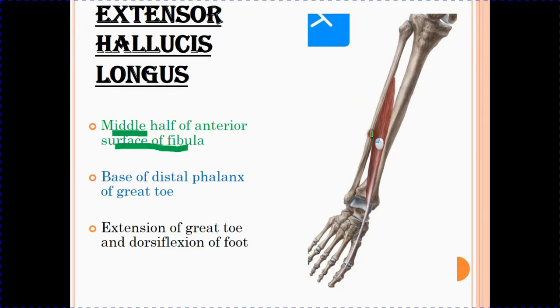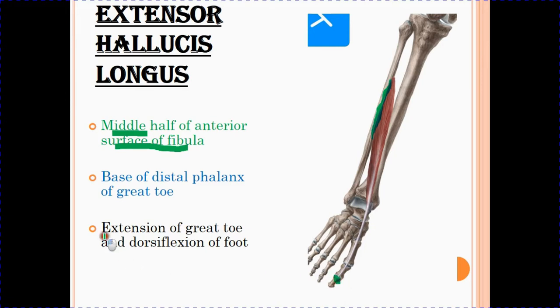It is arising from the middle half of the anterior surface of the fibula, and it is inserted into the base of the distal phalanx of the great toe. This is the distal phalanx of the big toe. So it is inserted into the base of the distal phalanx of the big toe.